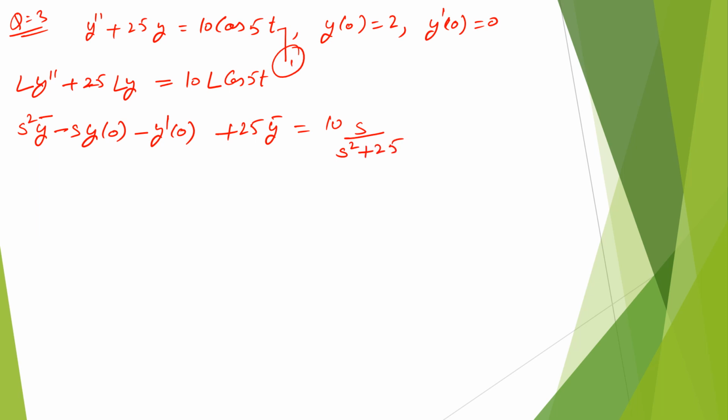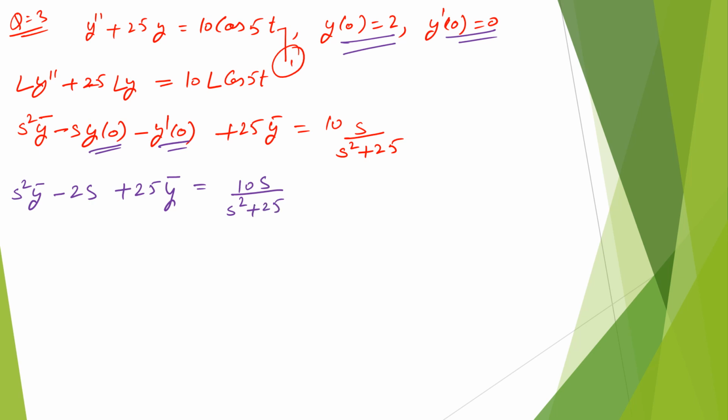Now substituting the values for the conditions, we receive s² Laplace of y − 2s + 25 Laplace of y = 10s/(s² + 25).